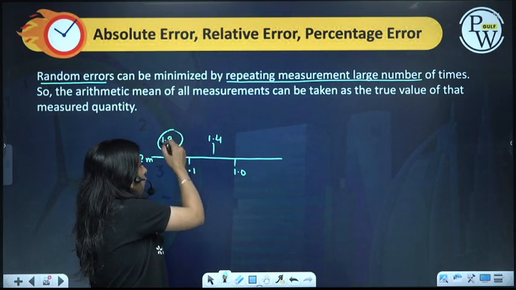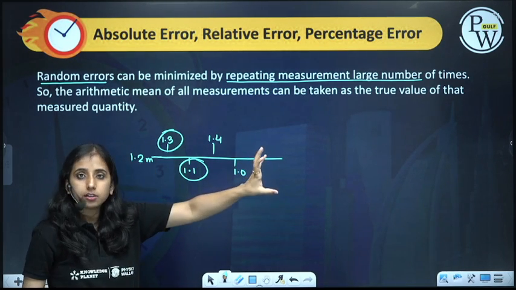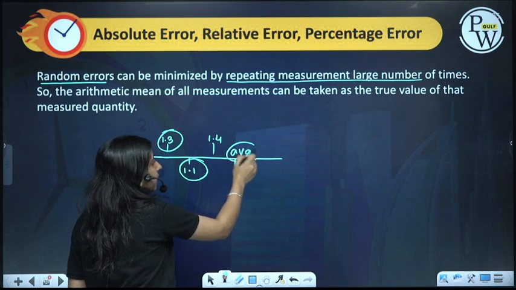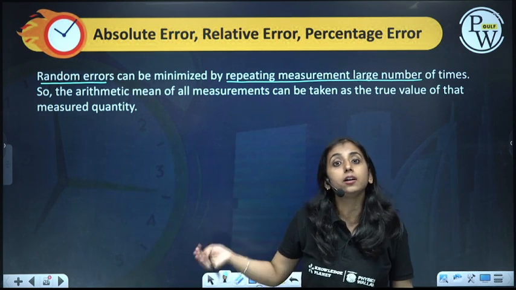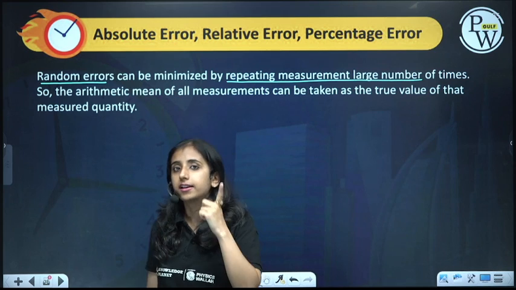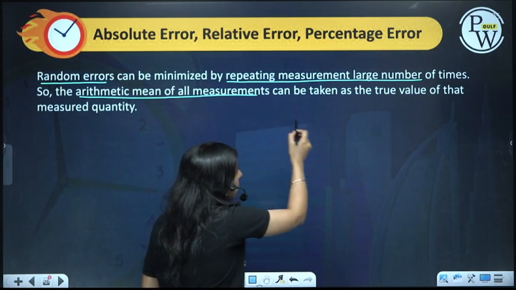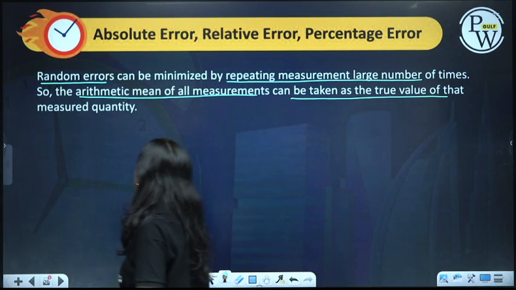Once it can be positive, once it can be negative. So if we do a large number of repetitions and take their average, then the average will be very, very close to the true value, and that average can be treated as the true value. So the arithmetic mean of all measurements can be taken as the true value of that quantity.